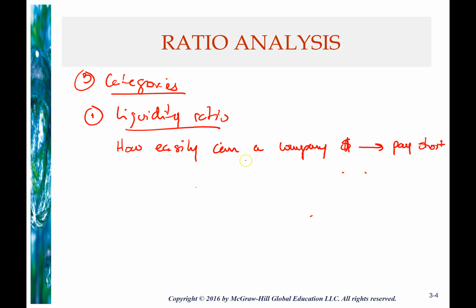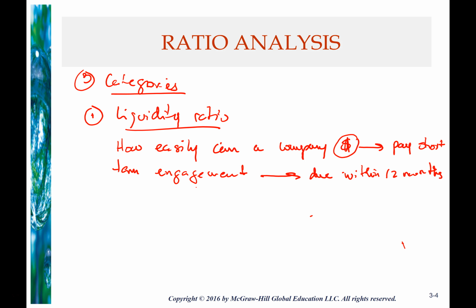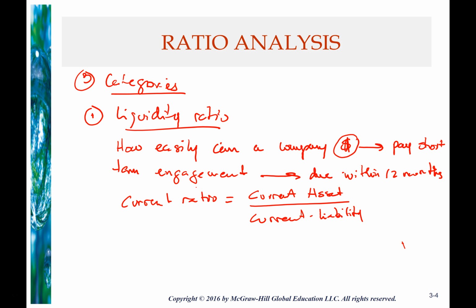All right. How easily can a company convert cash to pay down short-term obligations? And those are usually due within 12 months. Okay. These are your liquidity ratios. A very simple liquidity ratio, and the primary one, is your current ratio. Your current ratio is simply your current asset over current liability.